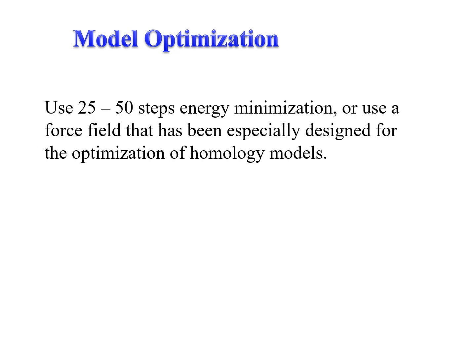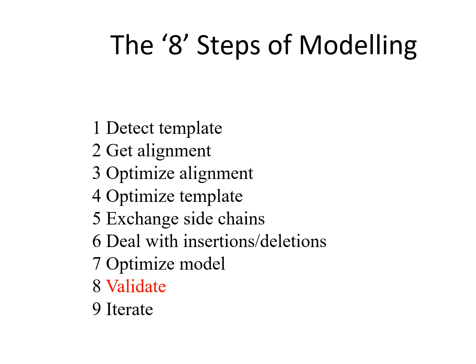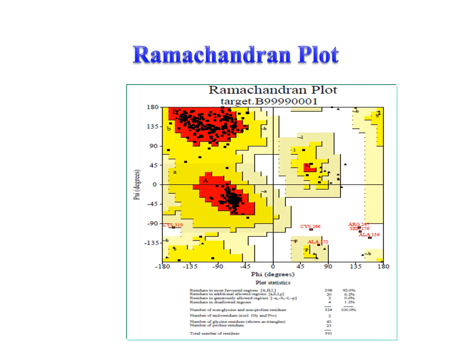Next, after you have built the model, you have to optimize your model. Optimization is nothing but you're going to minimize the energy of your model. After optimization, you're going to validate your protein. Validation is nothing but you're going to use the Ramachandran plot.